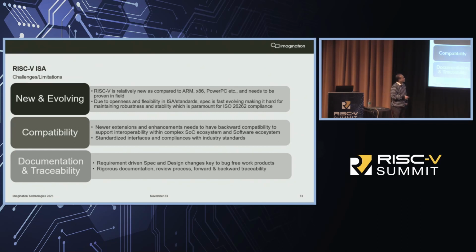But RISC-V is still evolving and new, so there is a risk of undergoing too many changes in a short span of time, and that can lead to compatibility issues, where newer extensions and enhancements may not be backward compatible, and there could be problems with interoperability in complex associated systems.